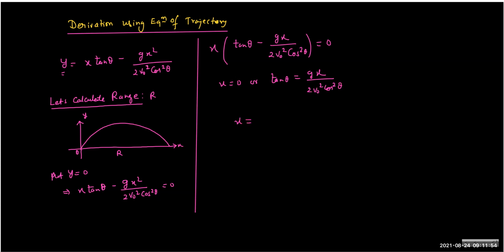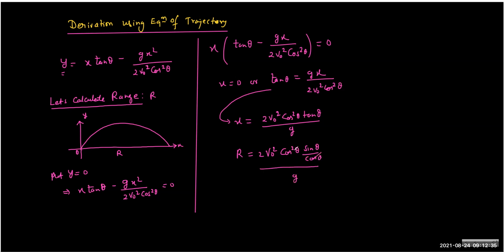So the x from the second expression turns out to be how much? So we call it range equals to... So range is definitely equals to v naught square cos square theta into sin theta by cos theta upon g, and this cancels out.